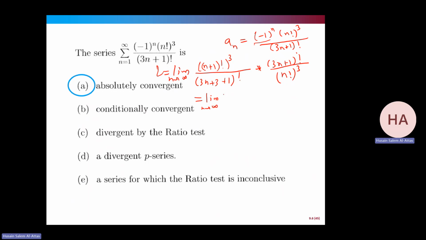So this will be the limit of n plus 1 factorial over 3n plus 4, which is 3n plus 1 factorial times the rest, this times 3n plus 1 factorial.